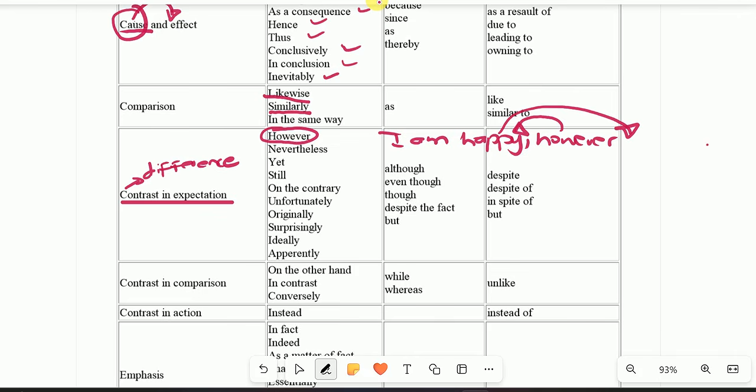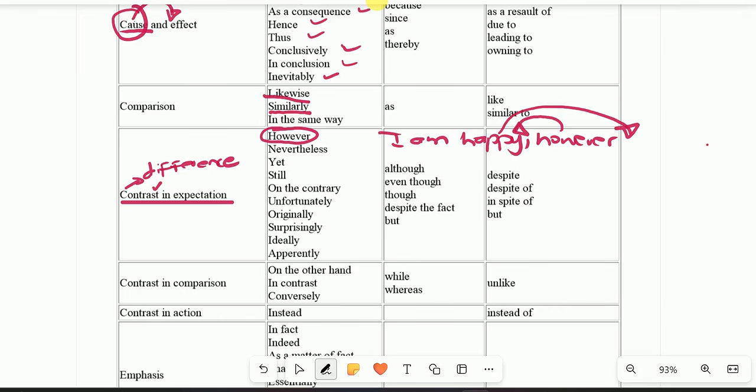It means that the second statement automatically is going to be negative, right? I want to show what contrast is. I am happy, however, I am still hesitant to go, right? So I am happy for the invitation to attend the event. However, I'm still hesitant to go.